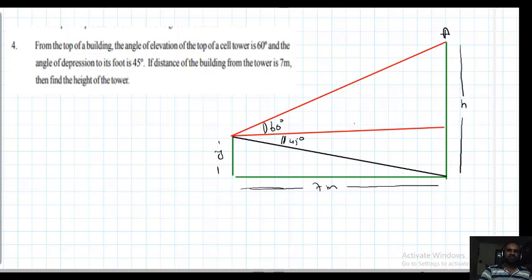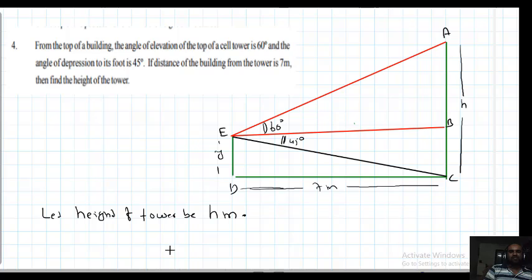Now I want to give the names A, B, C, D, E. For every problem, you should write steps. First step: let the height of the tower be h meters.